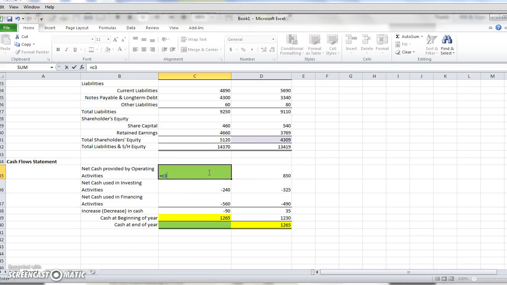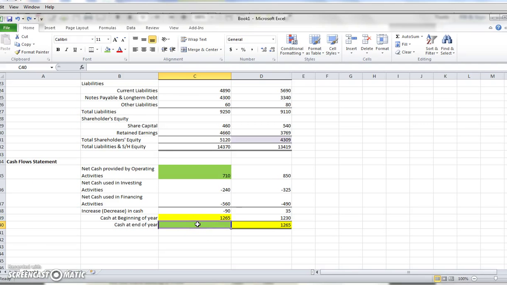C38 minus the sum of these two gives us 710. And that makes sense because we have a decrease in cash. And this is the cash at the beginning of the year. And what is the cash at the end of the year?